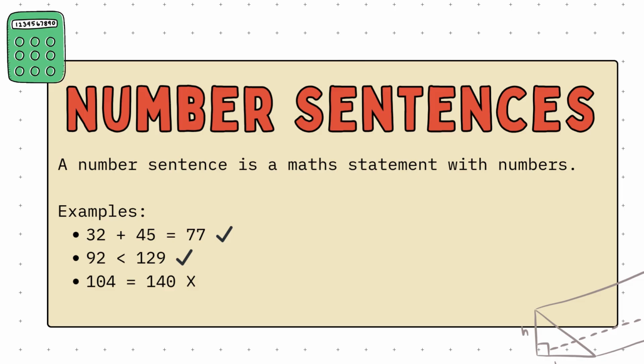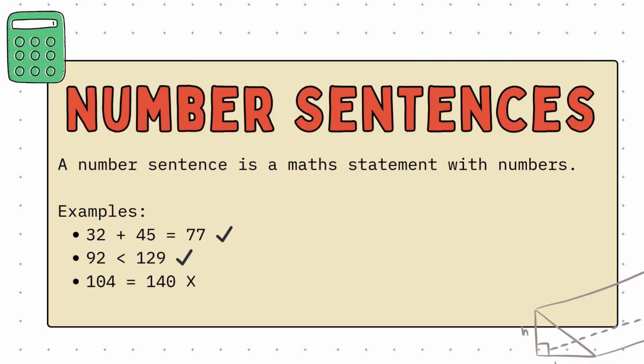Other number sentences use comparison symbols like less than or greater than symbols to show how two numbers compare. It looks like a half arrow, so we use that symbol as you can see on my screen.